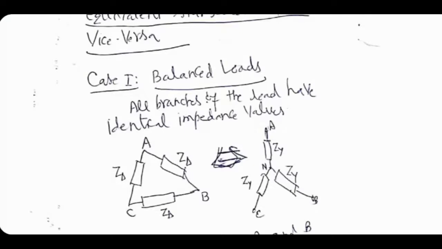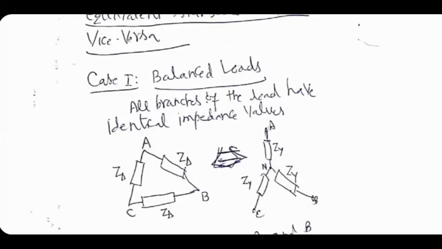Now mathematics is not too difficult. In both the configurations that you are seeing, you try to calculate the impedance between, let's say, capital A and capital B and equate the result. Between A and B in the delta configuration, the impedance has got Z delta in parallel with Z delta plus Z delta.